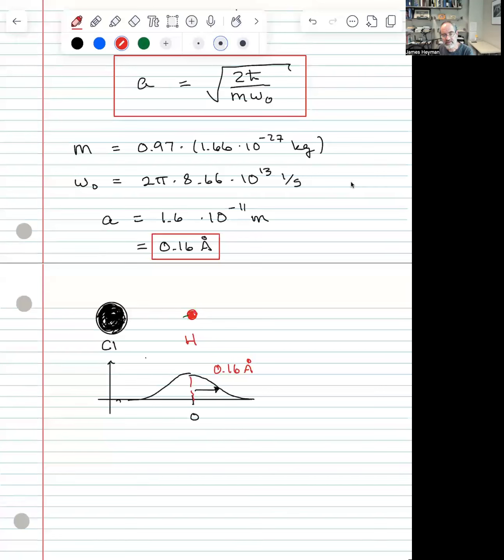It means just this, that the separation between the hydrogen atom and the chlorine atom in an HCl molecule isn't really fixed. Instead, it has an uncertainty of about 0.16 angstroms, on the order of a little more than 1/10 of an atomic diameter for hydrogen.